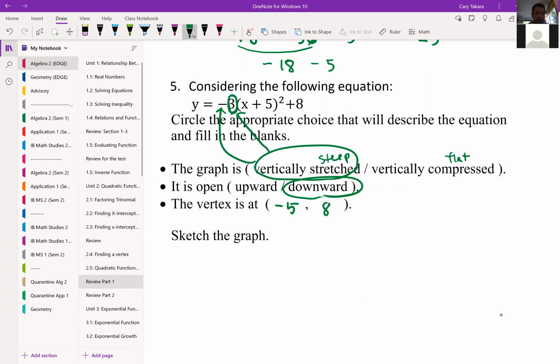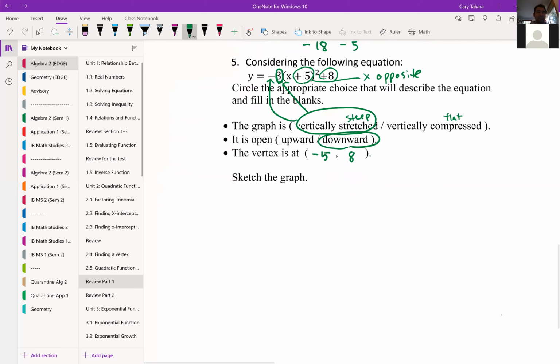Remember, only the x coordinate has to be the opposite value. The y coordinate is just that number itself. You do not need to switch that. You don't switch the sign. So it's -5 and 8.